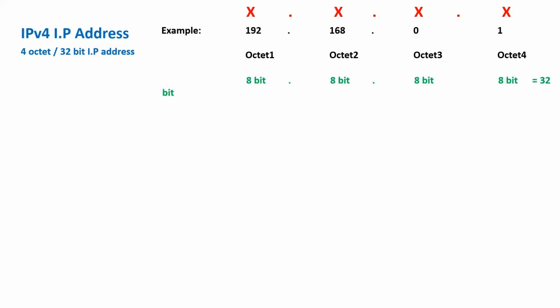So in total we have 4 octets of 8 bits each. That means we have a total of 32 bits in an IP address. That's why we call it a 4-octet and 32-bit IP address.